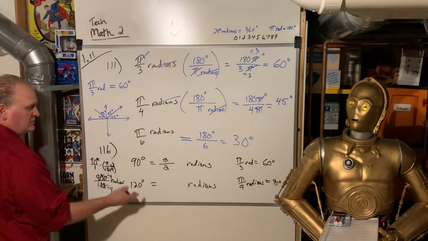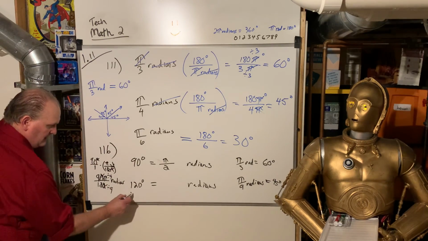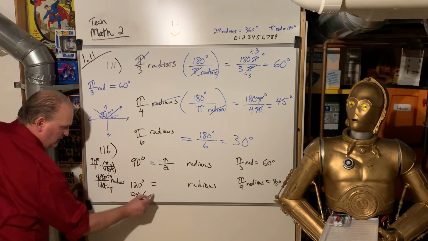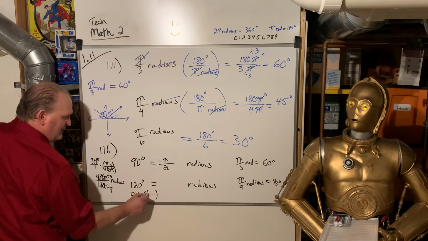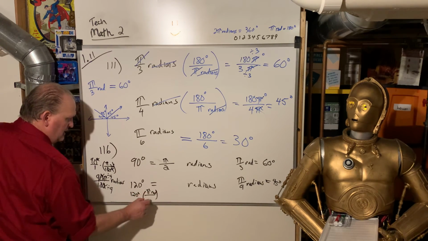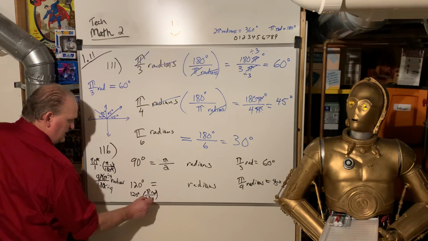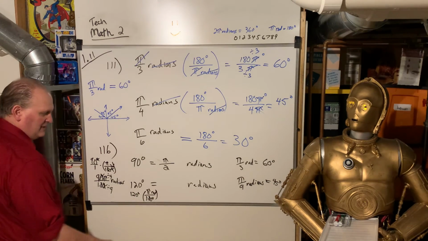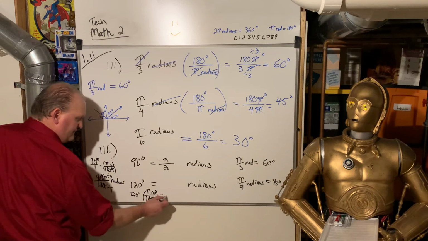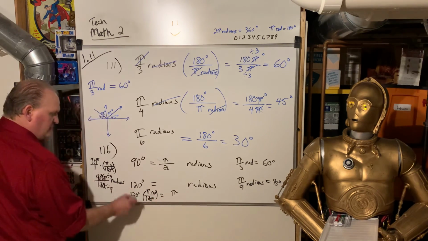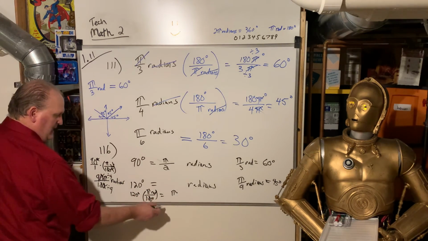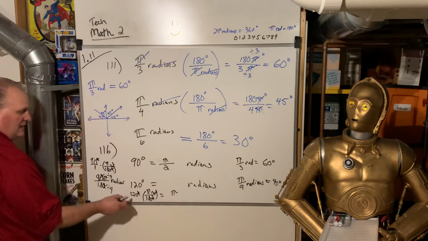How about the 120 degrees? Same deal. 120 degrees, multiply it by pi radians over 180 degrees. And so basically what I'm doing is I'm attaching a pi, and then I'm reducing 120 over 180 because the degrees canceled off. So it is in radians. So what is that?